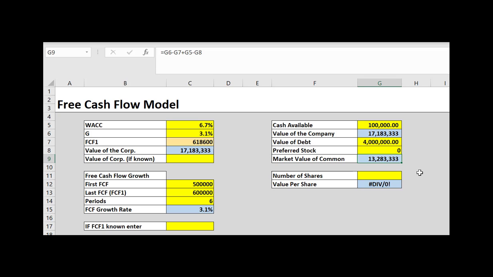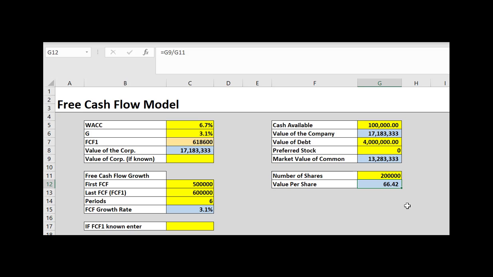Now, if it's a private corporation, they do have shares. Let's say they have 200,000 shares of stock. That would tell us that per share in this private corporation, it's roughly worth $66.